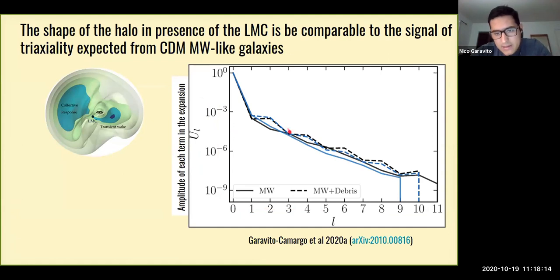The dashed lines are for the simulation with the LMC debris, and the solid line is without the debris. What you get is that the spherical term is of course the most important, but you also have contributions from the dipole, quadrupole, and so on. The dipole, for example, is mainly due to this huge collective response here, right? So that induces a dipole kind of shape.